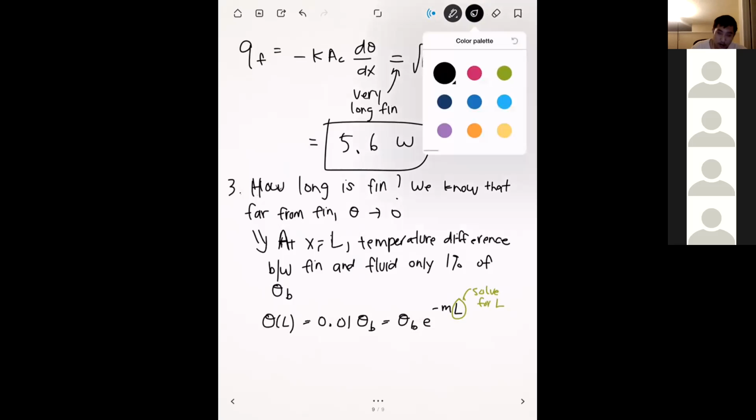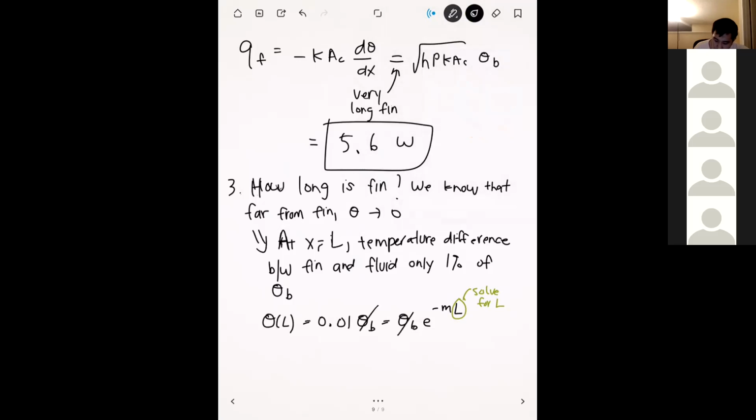Solving for L, we cancel out theta B on both sides. We take the natural logarithm of both sides. So we have natural log of 0.01 is equal to natural log of e to the minus mL. Since we're taking the natural log of an exponent, these basically cancel out, and we have ln of 0.01 is equal to minus mL.